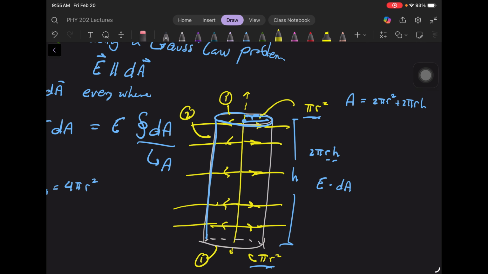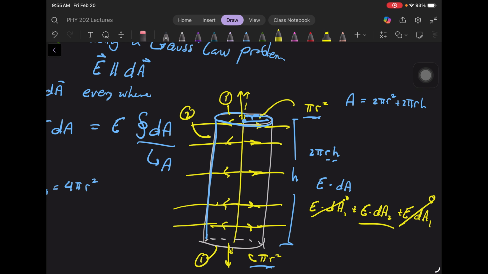And so we could do E dot dA1 plus E dot dA2 plus E dot dA1 again, because there's 2 of them. And we see the area vector sticks straight out. And so the area vector is going to be perpendicular to the electric field for area 1. And so these both go to 0. And so the only surviving component is from the outside.